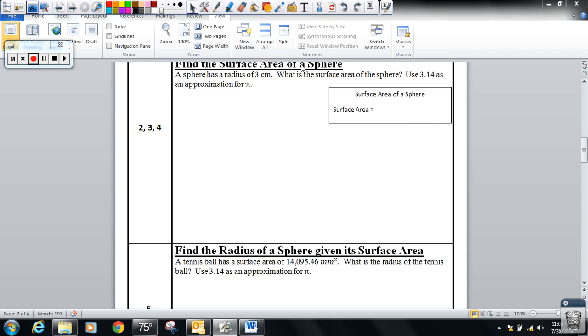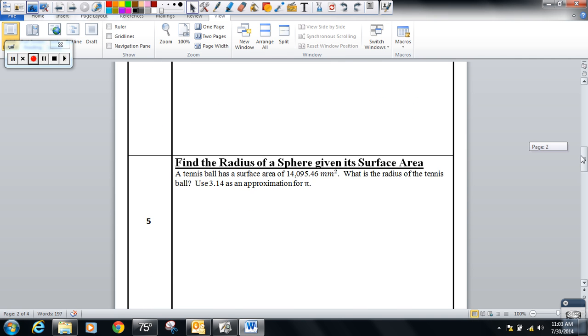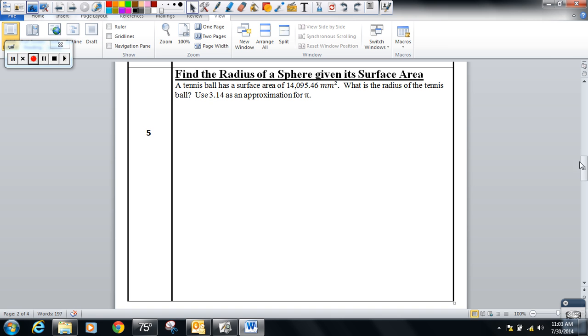Our last one then is still dealing with surface area, but this time they want us to find the radius given our surface area. So I use the same formula. A tennis ball has a surface area of 14,095 and 46 millimeters squared. What is the radius of the tennis ball? Use 3.14.